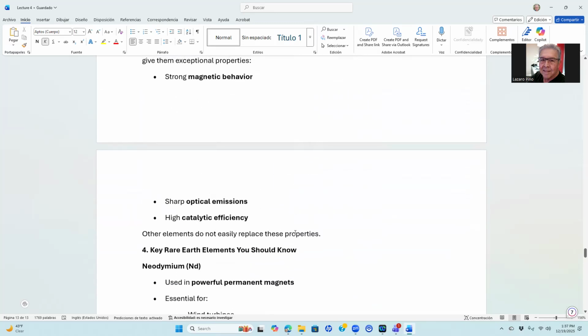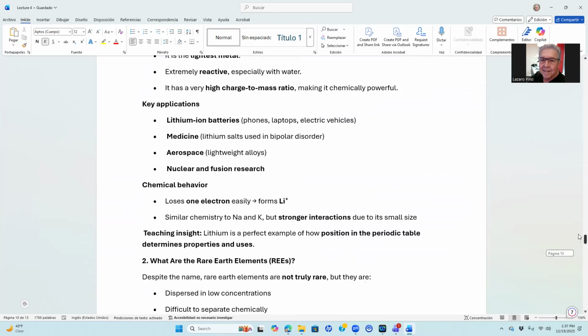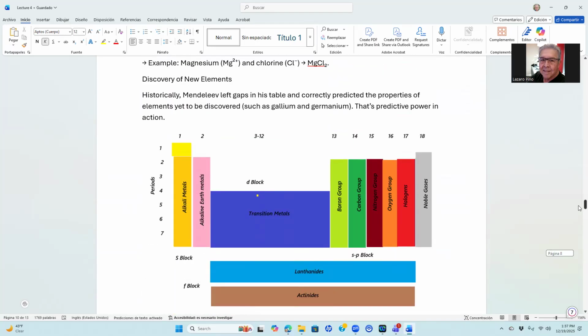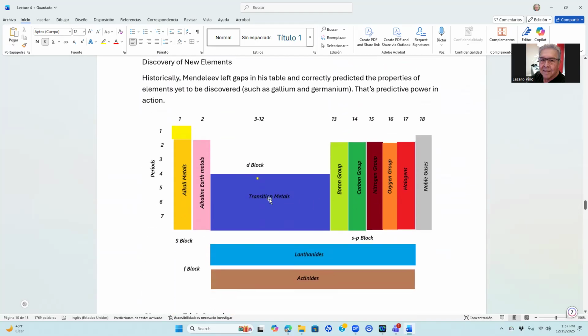So look at this. I'm going to go again to the periodic table, and you can see the groups, their names, the D block and the F block, the position of all the elements in the periodic table.